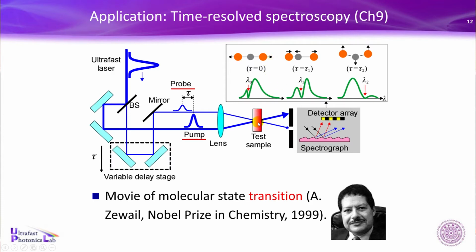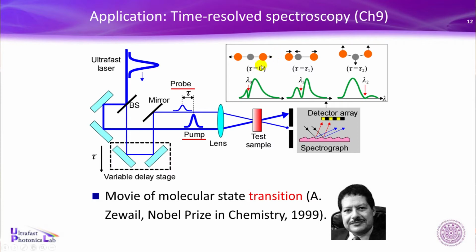According to my previous explanation, you can identify the vibrational state by measuring the transmission spectrum, because this vibrational state corresponds to a resonance wavelength, say lambda 0. So you can measure the output spectrum.